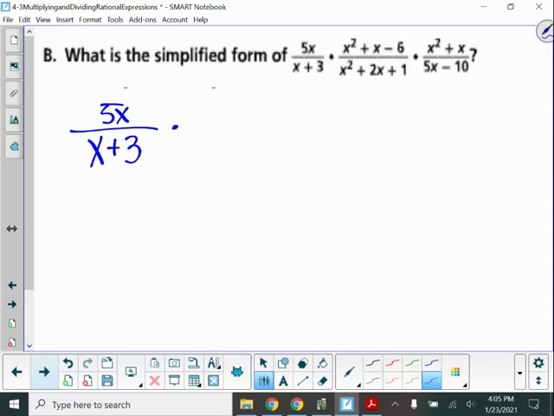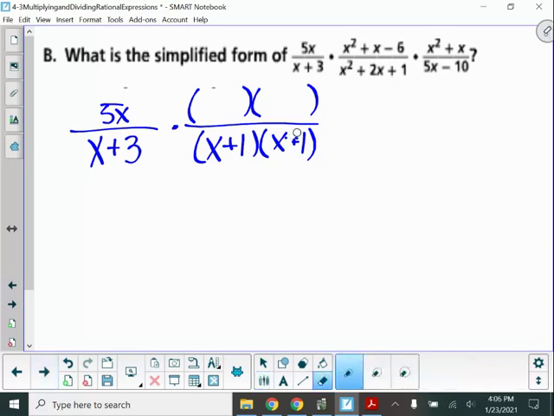The middle fraction, though, the top can factor and the bottom can factor. So the bottom actually factors into x plus 1, x plus 1. That's actually a perfect square trinomial. So I could write that as x plus 1, the quantity squared.